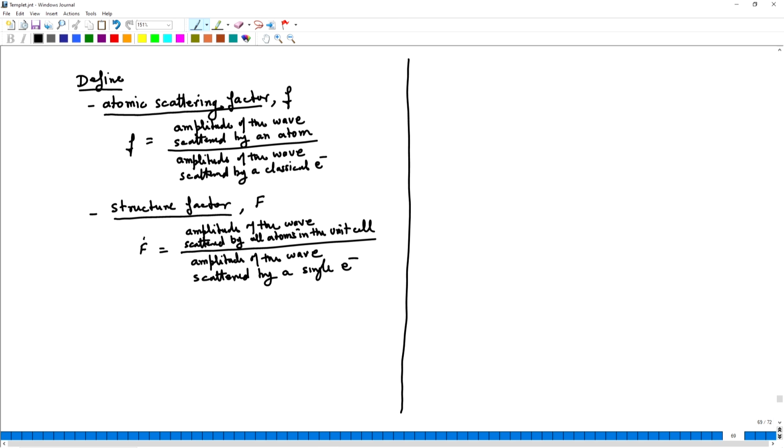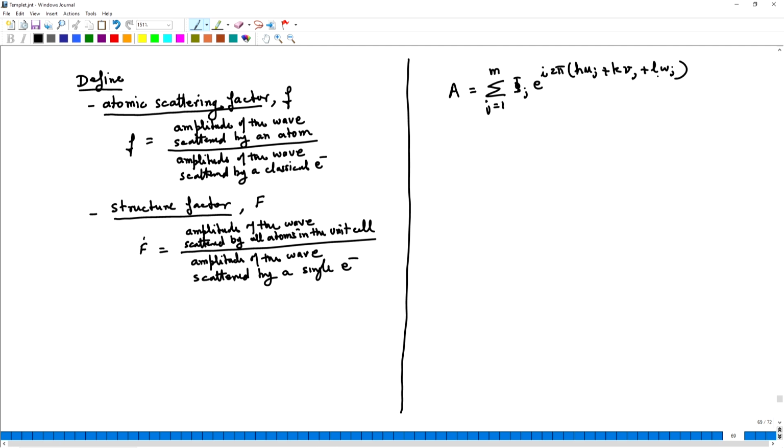So, now if I look at the structure amplitude equation, it was A equals sum over j equals 1 to m of phi j e to power i 2 pi (h uj plus k vj plus l wj).